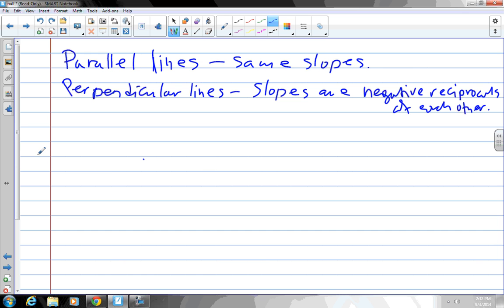Meaning if you have two lines, the slope of the first line is -1 over the slope of the second line, so negative reciprocal. Or every time you multiply the slopes of perpendicular lines, you end up with -1. Okay?